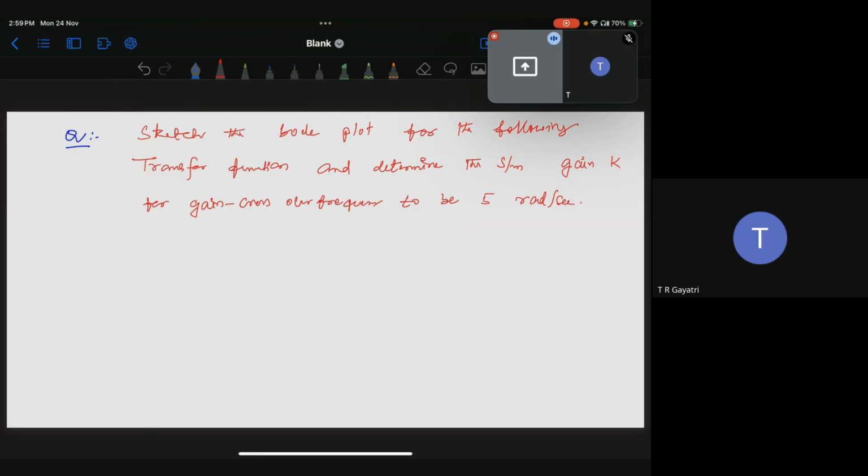So we need to first draw the Bode plot and determine for which value of system gain K the gain crossover frequency will be 5 radian per second.